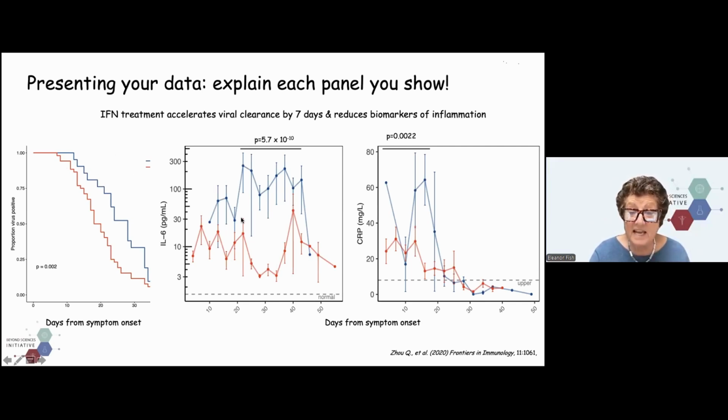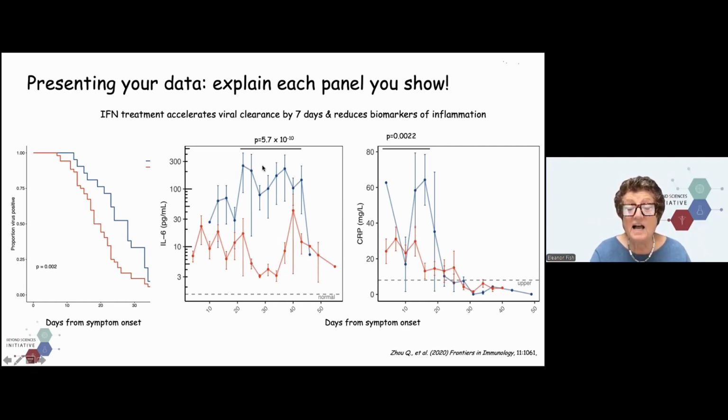And I would say here, in these two panels, I show the effect of these treatments on interleukin-6 and on C-reactive protein, the left panel and the right panel, and you can see that, and then you describe exactly what you see. So for every figure, explain to your audience exactly what you see.